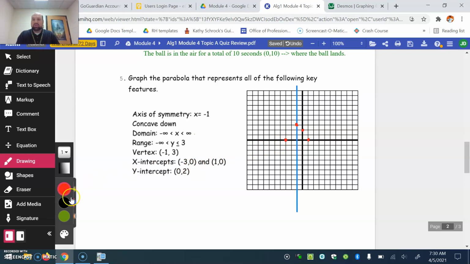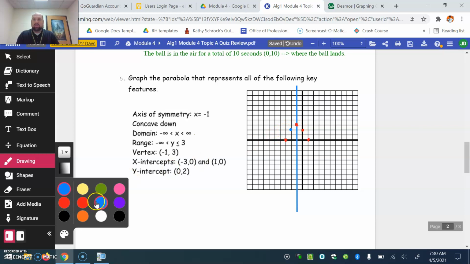So the only additional point I need to add is this one here. And that is essentially the point opposite of our y-intercept. And now I can connect my points, making my little concave downward parabola.